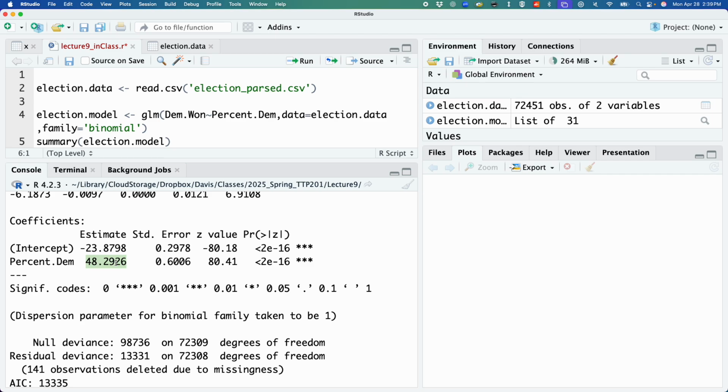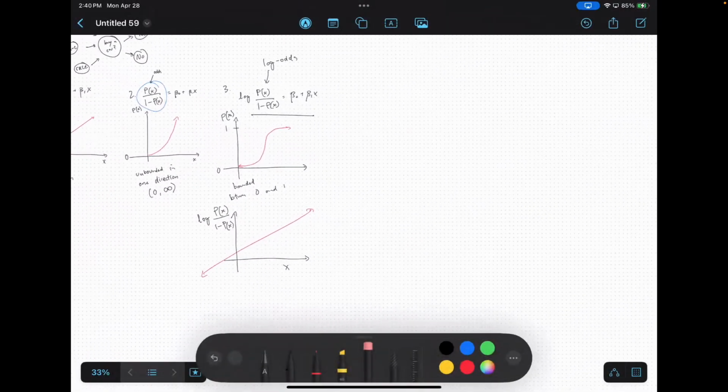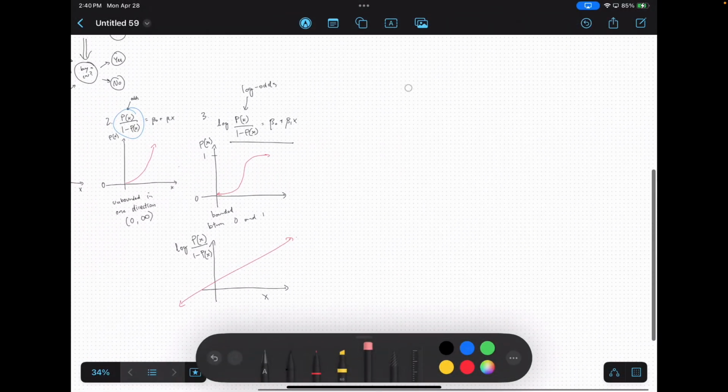Actually, I must have taken that out of my notes. Okay. So it's 48 and negative 23. Okay, so beta 0 is equal to negative 23. Beta 1 is equal to 48.